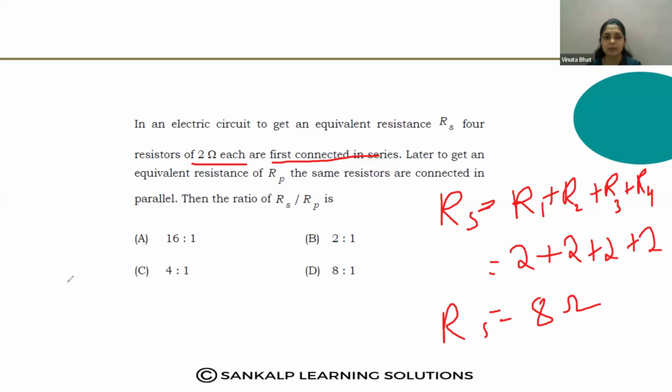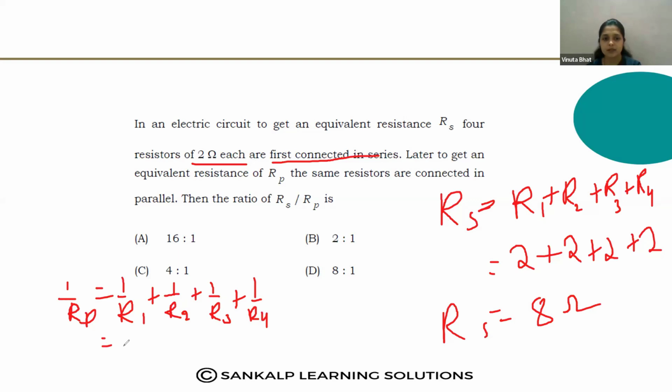When they are connected in parallel, you have to apply the formula 1 by Rp is equal to 1 by R1 plus 1 by R2 plus 1 by R3 plus 1 by R4.